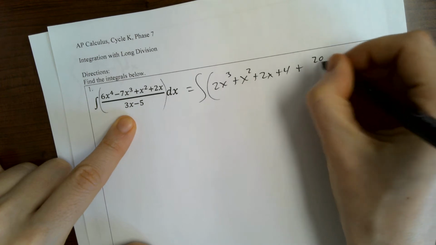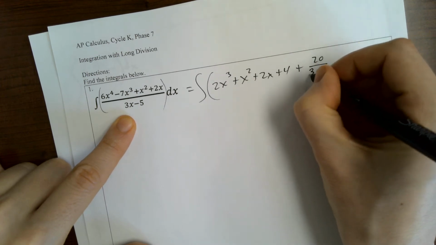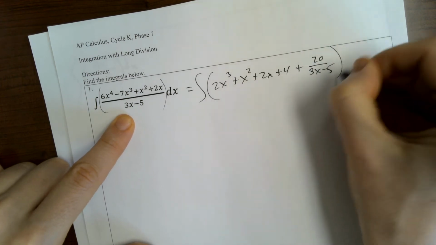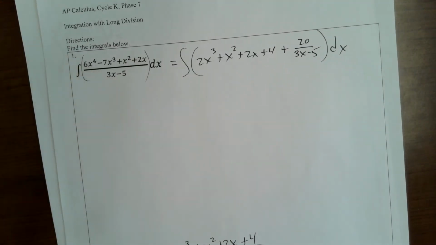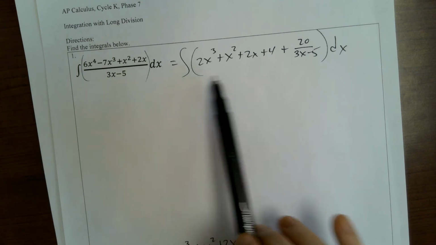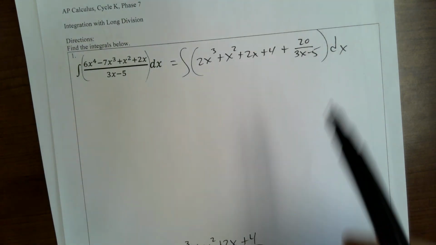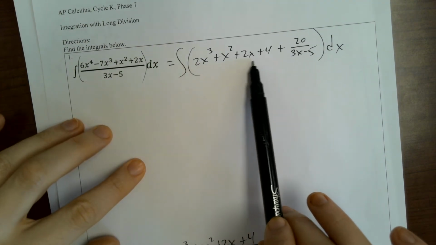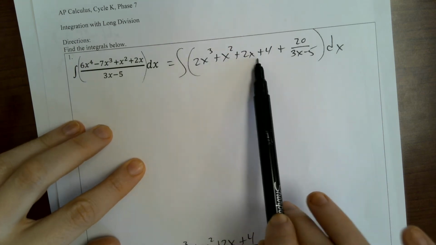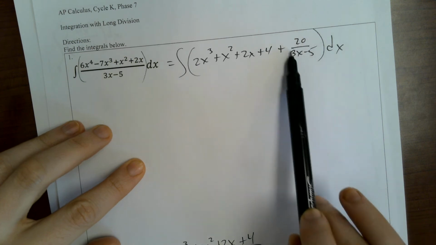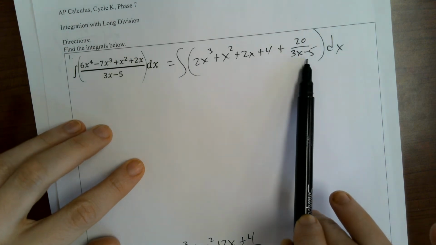Plus the remainder over the original denominator. Then you split up this integral. You split it up because these we can just use the power rule for antiderivatives on. And then this one here we can use f prime over f on.